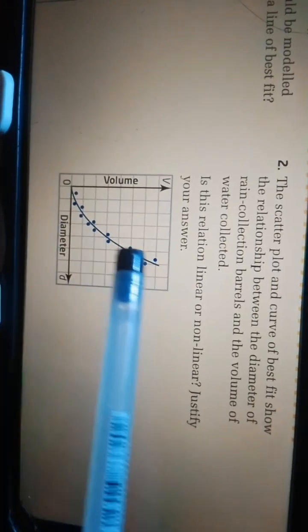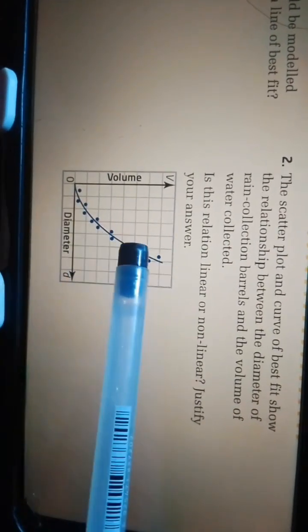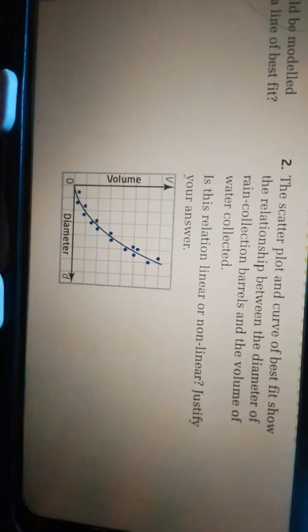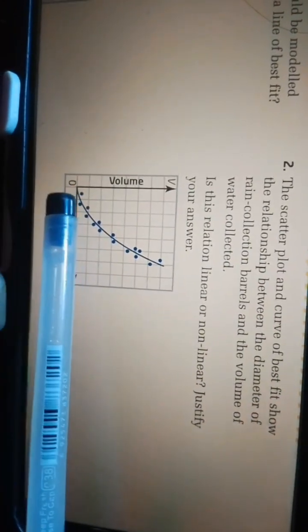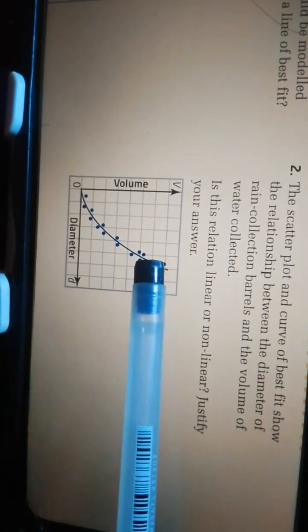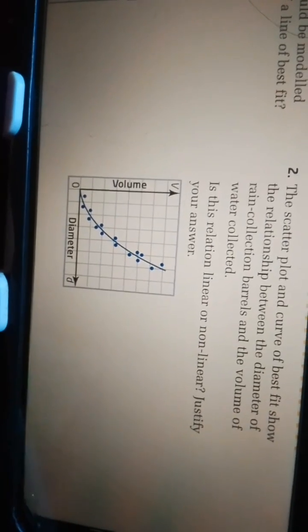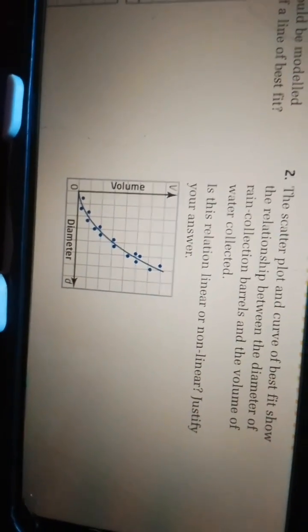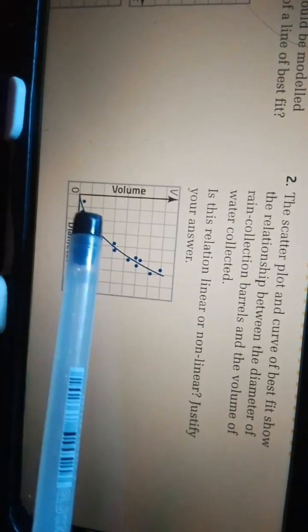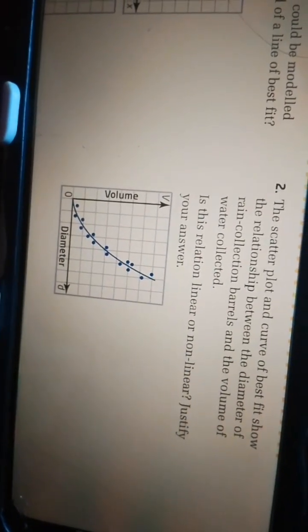As you observe, there is already a curve of best fit. This line is slightly curved, so it is not a straight line. Therefore, this relation is non-linear because the scatter plot is forming a curve of best fit.